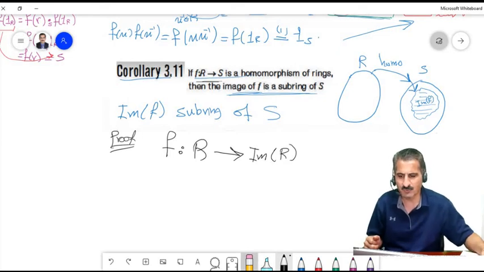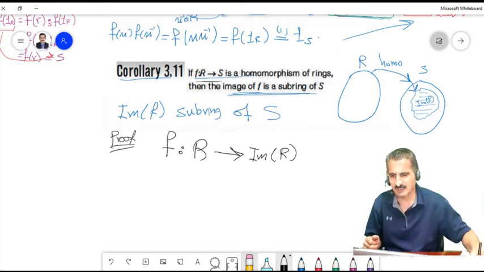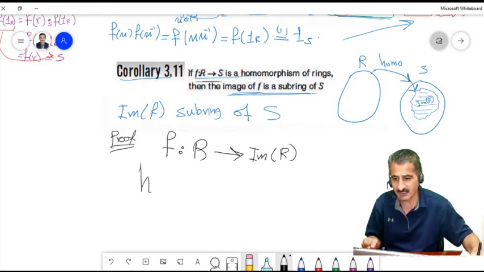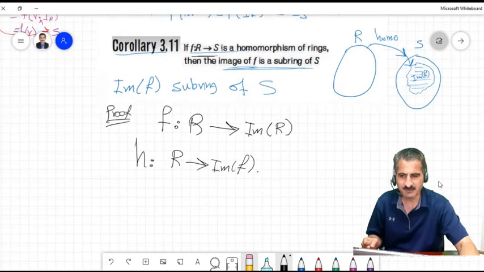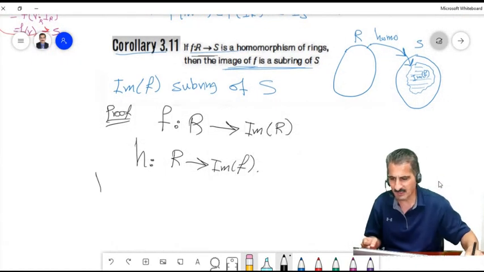Or more clearly, I will define an h, which goes from R to the image of f. That will be a better use of notation. Now, what about this h? It is a homomorphism, and it is also surjective.